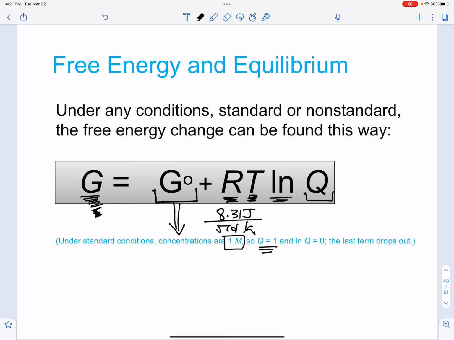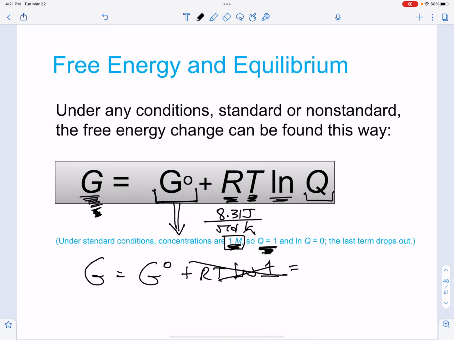And Q is going to be 1 if we're talking about standard conditions, because all the concentrations have to be 1 molar, so they all are going to be the same. So if you have G equals G standard plus RT ln 1, then this becomes 0.